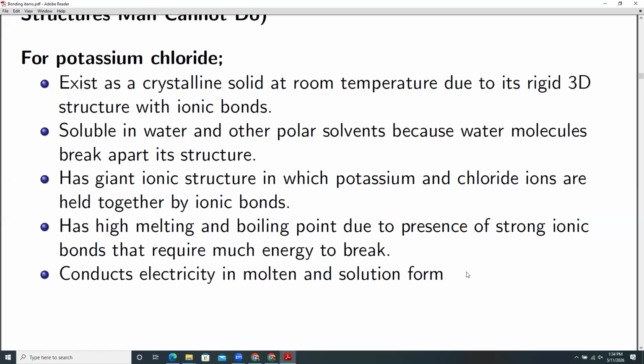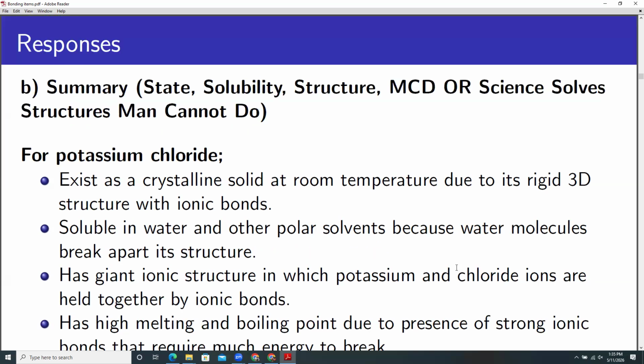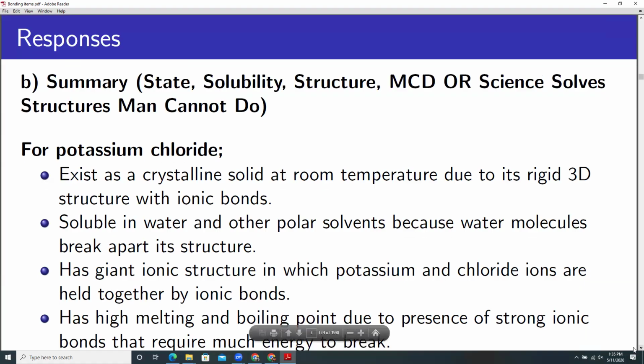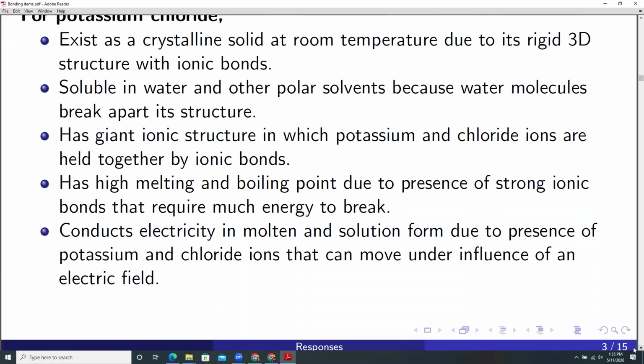Potassium chloride is not made up of electrons. However, in molten and solution form, that is if you dissolve it in water, it splits to give potassium and chloride ions. Therefore, those charged particles are the ones that conduct electricity. So it conducts electricity in molten and solution form because of presence of potassium and chloride ions that can move under influence of an electric field.